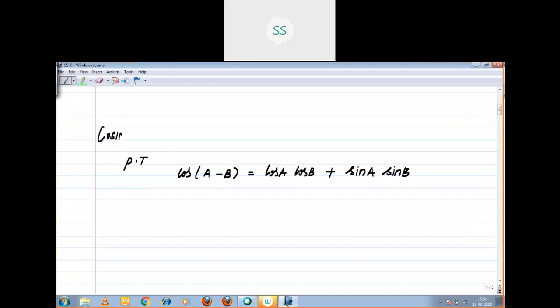Cosine of difference and sum of two angles, right children?